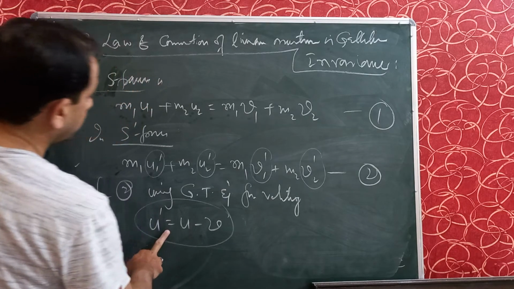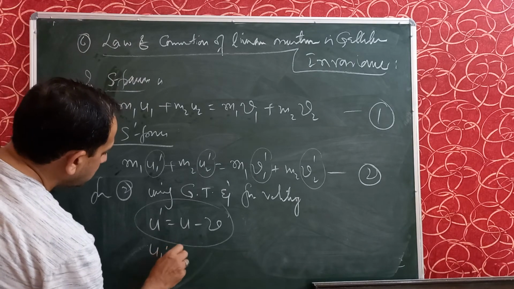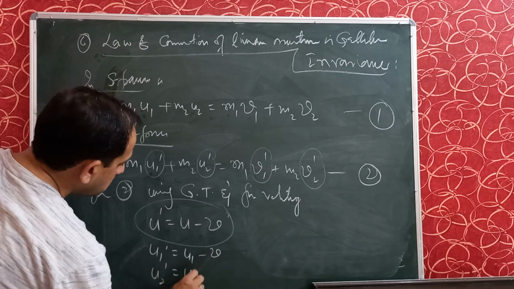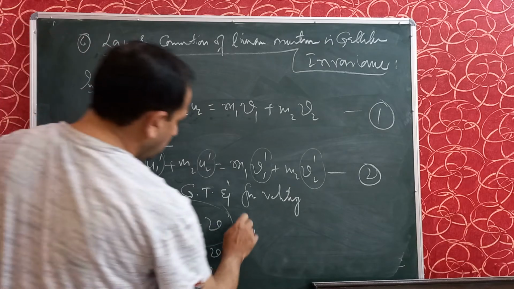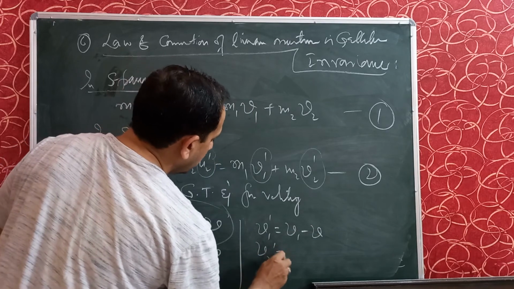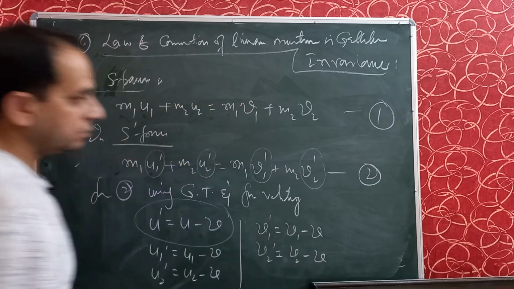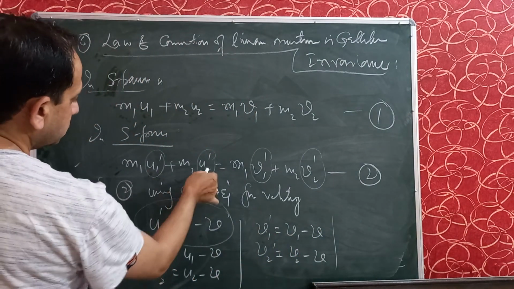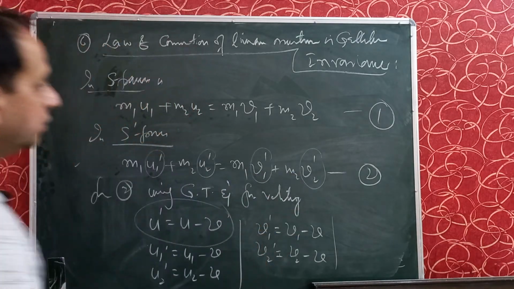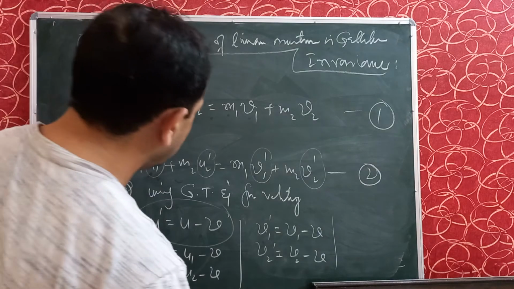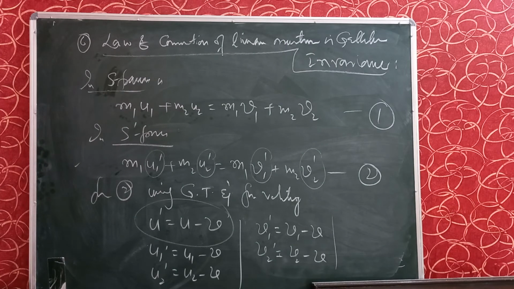So we will apply this formula: u1 dash becomes u1 minus v, u2 dash is u2 minus v, v1 dash is v1 minus v, and v2 dash is v2 minus v. So these are four values: u1 dash, u2 dash, v1 dash and v2 dash. We will put these values in equation number 2, and on simplification we will get, I think, the same answer as in equation number 1.